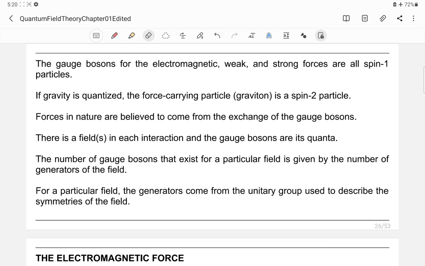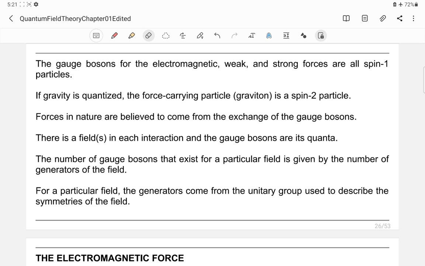The gauge bosons for the electromagnetic, weak, and strong forces are all spin 1 particles. If gravity is quantized, the force-carrying particle, the graviton, is a spin 2 particle. Forces in nature are believed to come from the exchange of gauge bosons. There is a field or fields in each interaction, and the gauge bosons are its quanta. That's why we study field theory, in order to describe these particles.